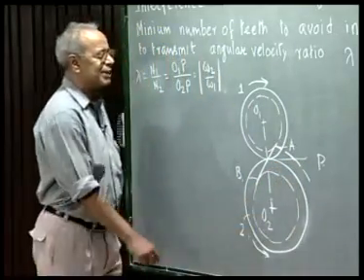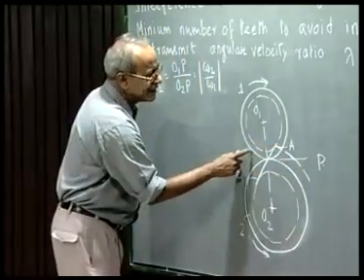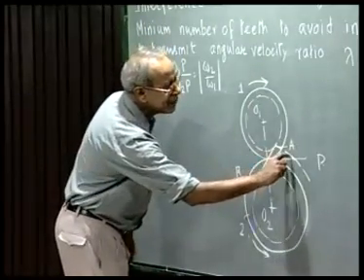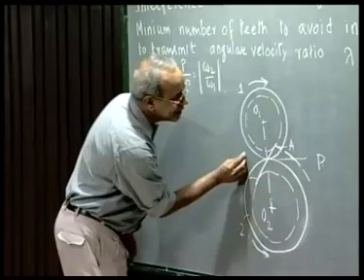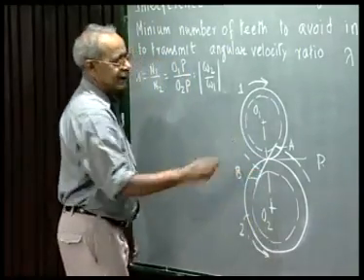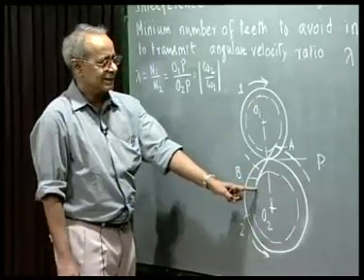If this is the addendum circle, if this touches A, the addendum circle of this gear, which has exactly the same addendum, will still pass below the point B. It will not get into the base circle.